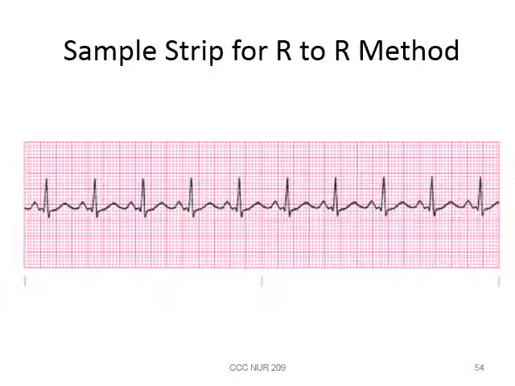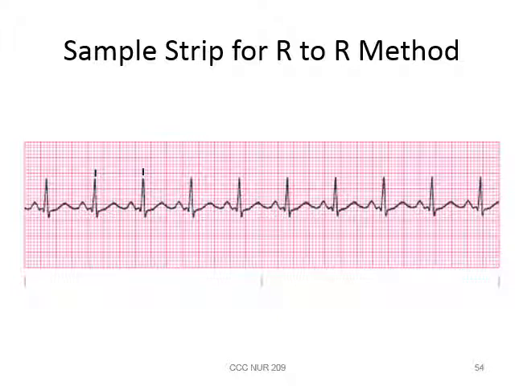So if we look here, we're going to count from this R wave to this R wave. They don't really fall on a line, so we've got about a half a box. So there's 1, 2. If you look, there's about 3 small boxes there. 1, 2. There's about 3 large boxes.